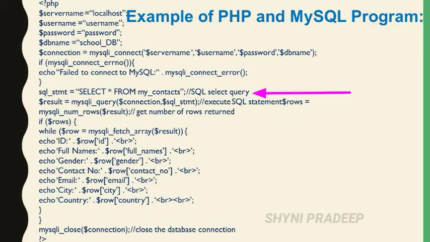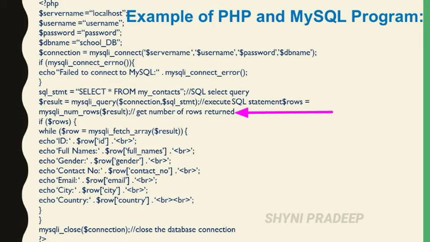The next line is for performing queries. SQL statement is equal to select star from my contacts. This is the SQL select query. The next line is the execution of that query. Result is equal to MySQLi query, connection, SQL statement. To get the number of rows, you have to use MySQLi num rows. Within the parentheses, write result.